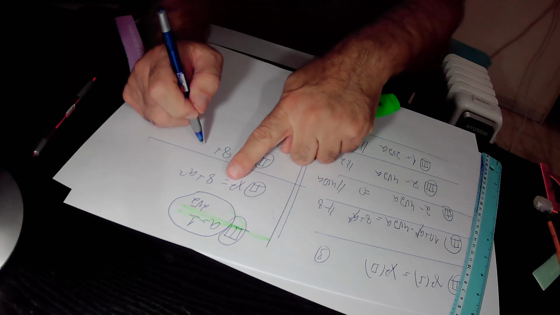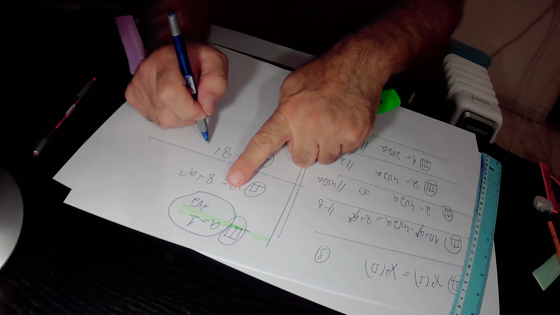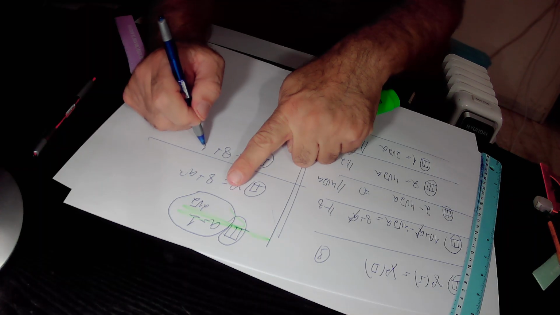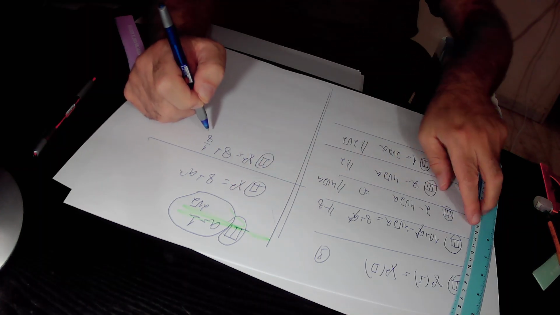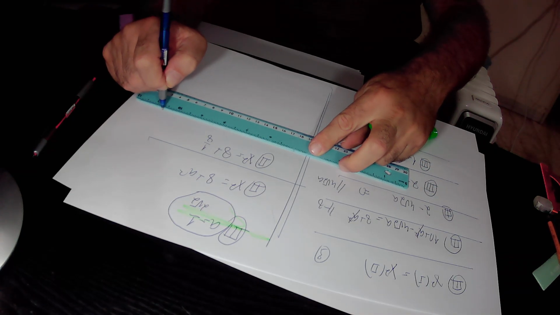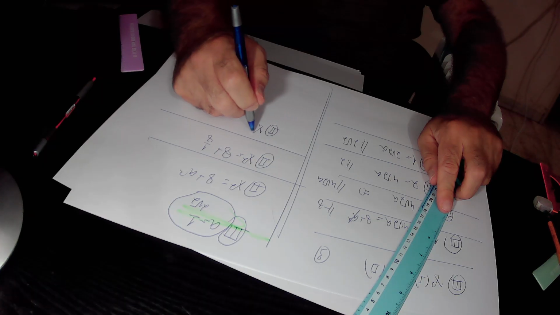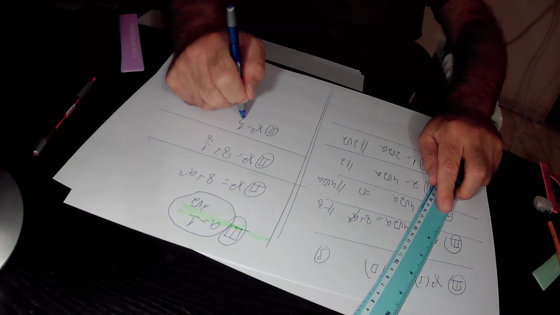A is 1 over 2 times the square root of 2, therefore a squared must be equal to 1 over 2 times the square root of 2, squared, that is 1 over 8. So in total, according to equation 2, x squared equals 8 plus 1 over 8, so x squared equals 1 over 8 plus 8.